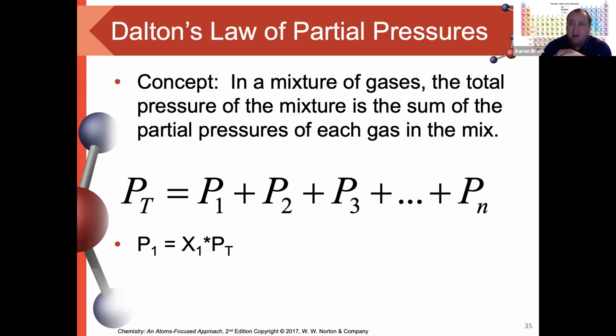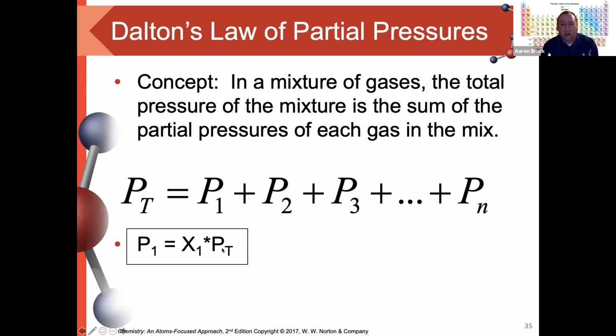What we didn't talk about at the time, because it wasn't terribly relevant to us, is that the individual pressure of any one of these components is equal to the mole fraction of that component multiplied by the total pressure of the gases. Now, this is different than Raoult's law.